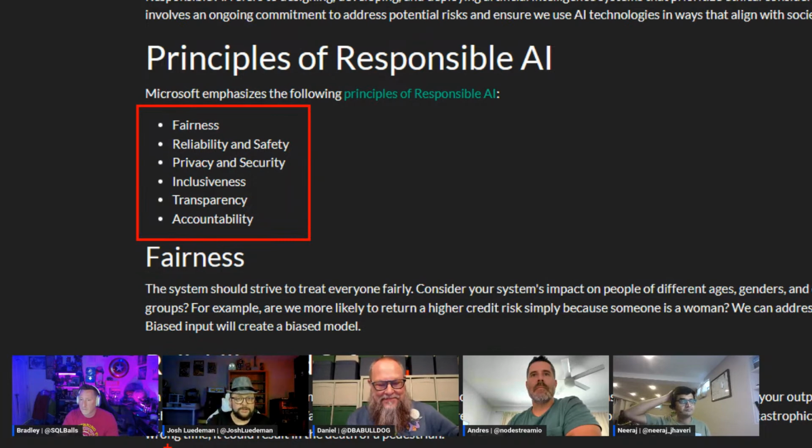It walks you through the basic principles that we at Microsoft use and follow when we talk about responsible AI, and what it means. What are the principles of responsible AI and what do they even mean?